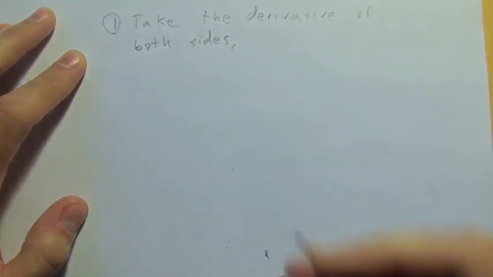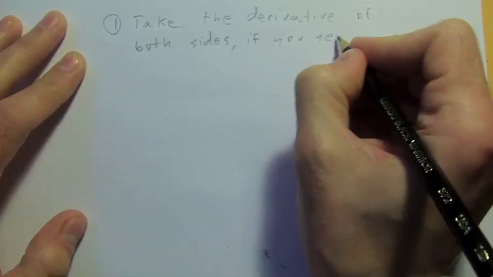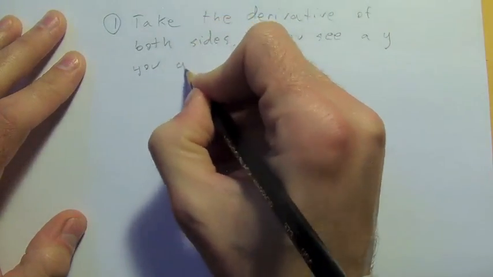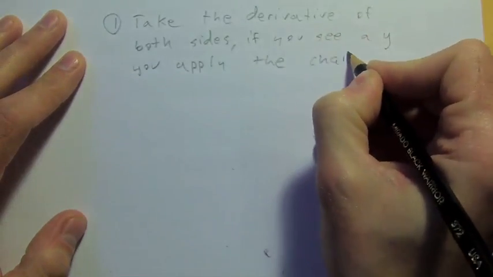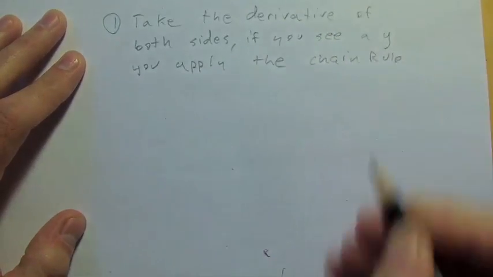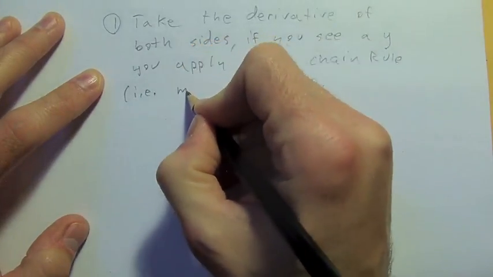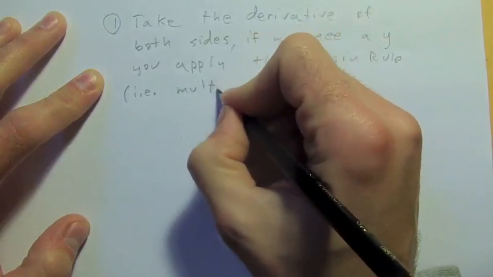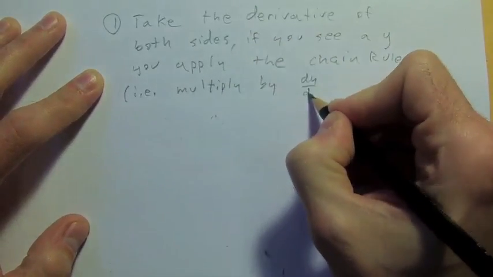If you see a y, you apply the chain rule, which, remember, basically just means that you multiply by dy over dx.